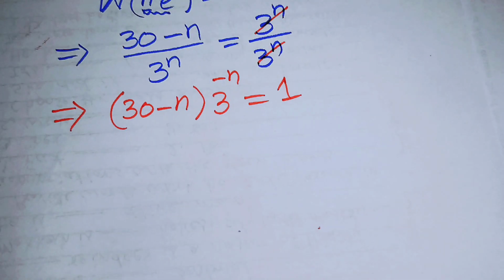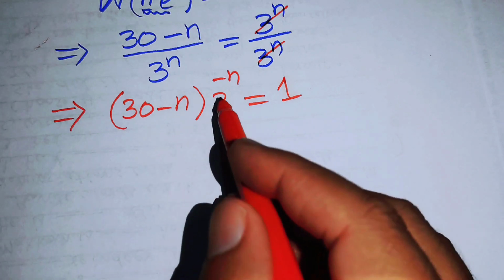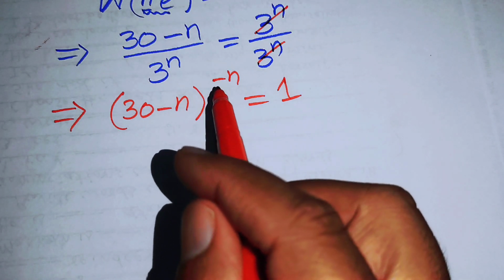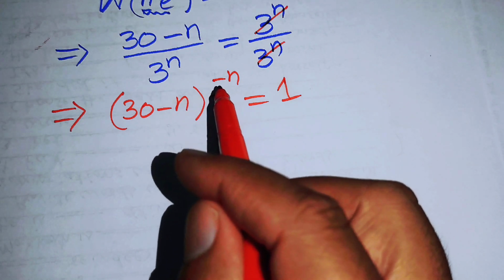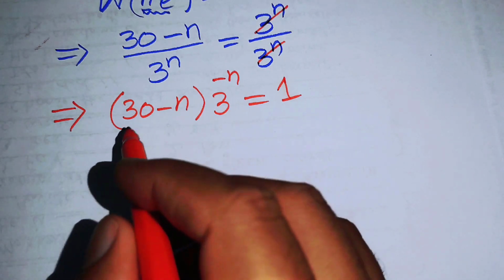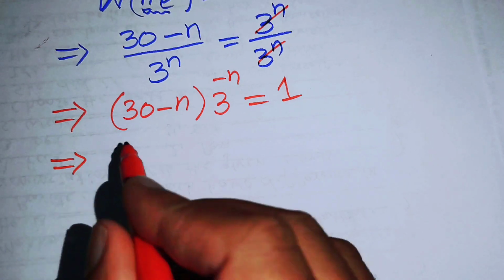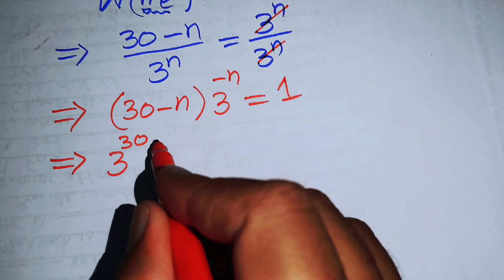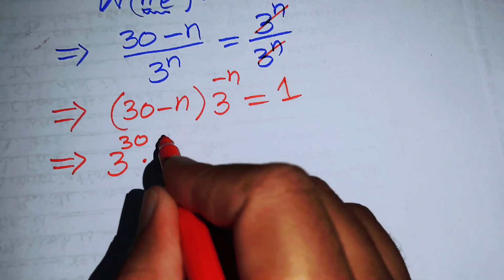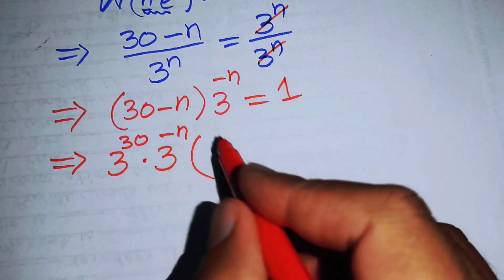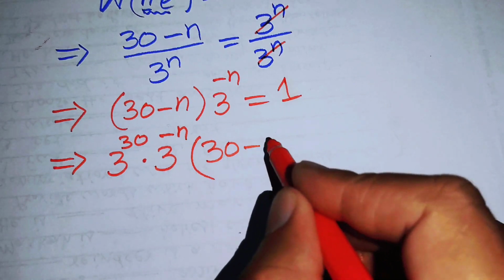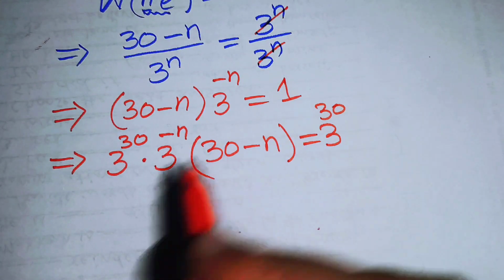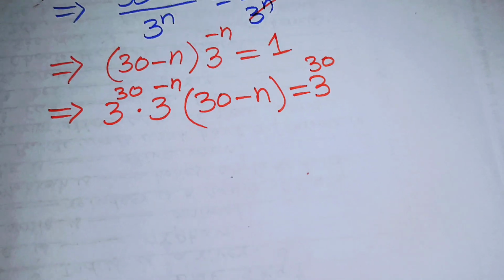And now we will make 30 minus n the exponent of 3. Here you have minus n and we need only 30, so we will multiply both of the sides by 3 to the power of 30, and you will get 3 to the power of minus n into 30 minus n, and this whole equation is equal to 3 to the power of 30.